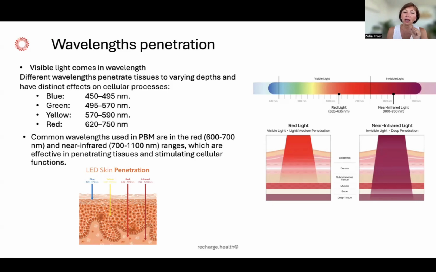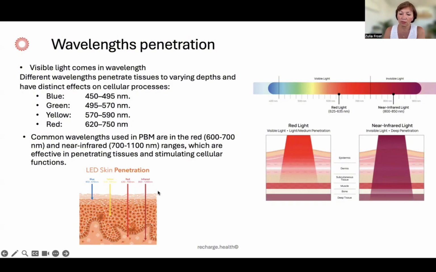Red lights can penetrate the epidermis, dermis a little bit deeper, but again, it's kind of limited to the surface of the skin. What is interesting for us, we're interested in near-infrared light. You could see here, near-infrared light has the deepest penetration. It goes deep in the body. But how deep? It really depends on many other parameters. We're going to talk about this.